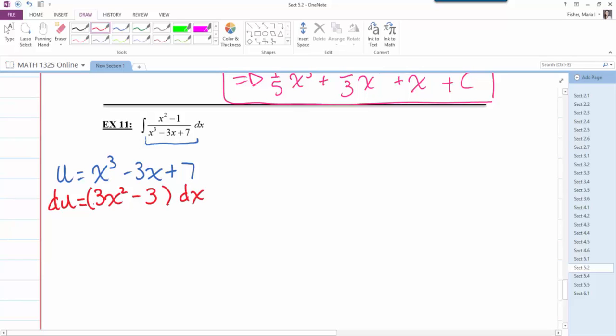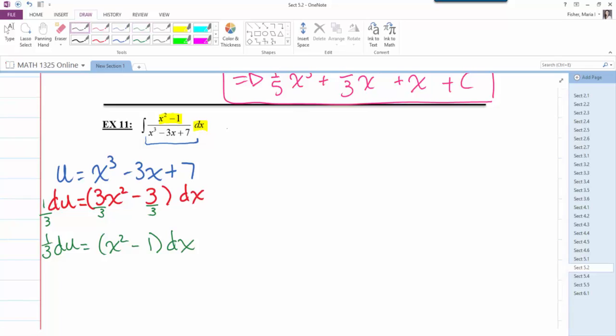dx. But I don't have a 3x squared minus 3 dx. I have an x squared minus 1 dx. Well, if I were to divide the 3 out of all of those terms, I would end up with 1/3 du is equal to x squared minus 1 dx.